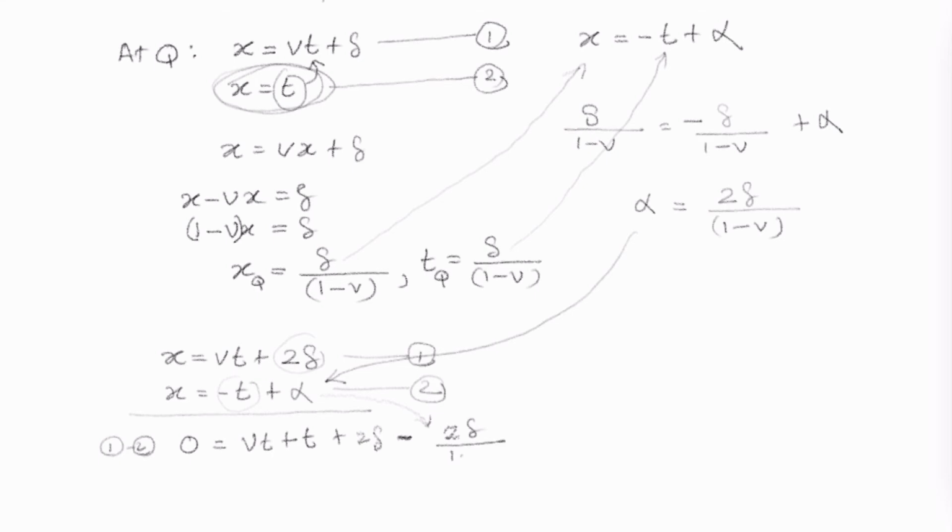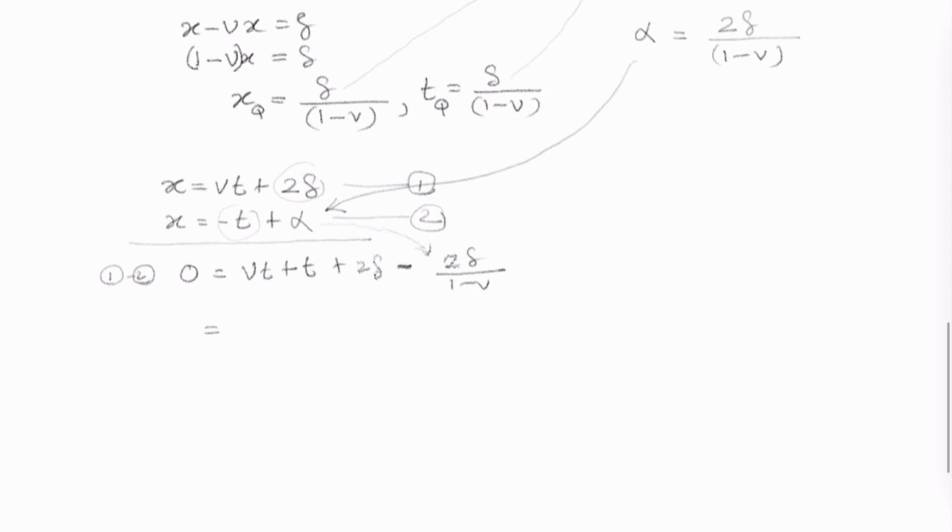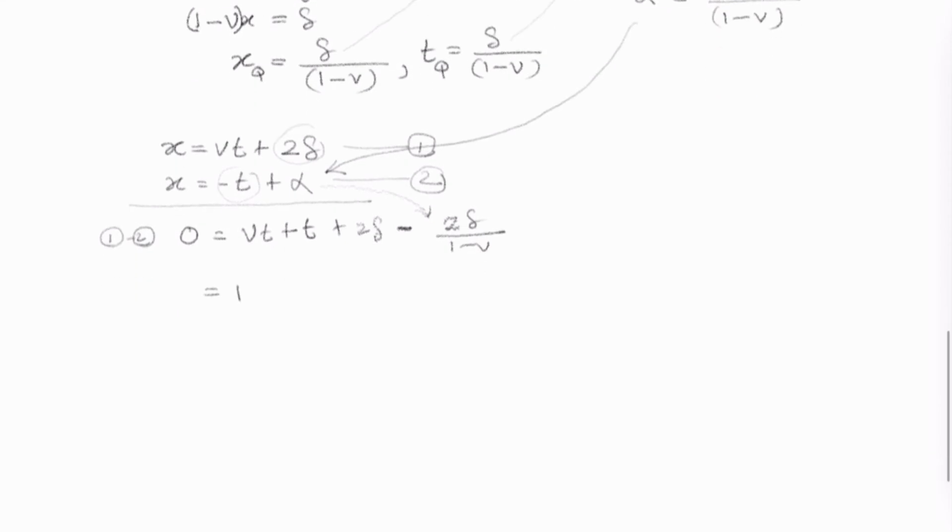So vt plus t is 1 plus v times t. We take these things under one denominator, 1 minus v: 2 delta minus 2 delta v minus 2 delta. So 2 delta cancels, leaving minus 2 delta v over 1 minus v.